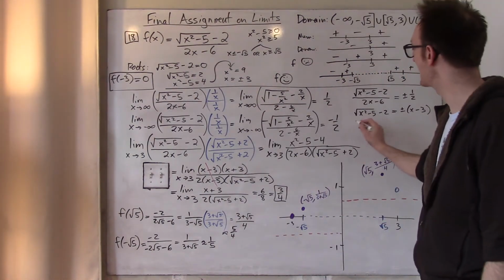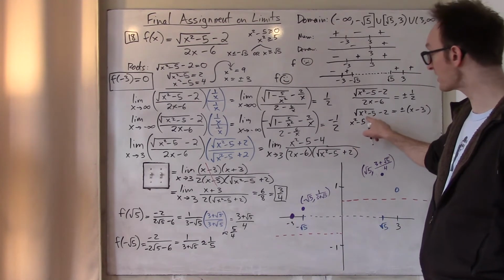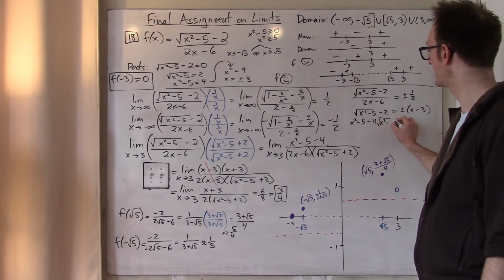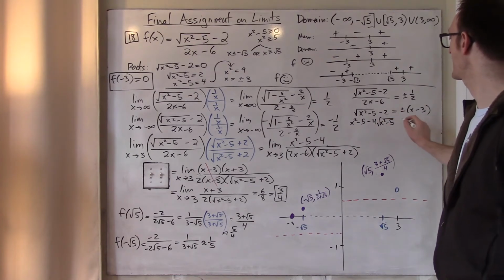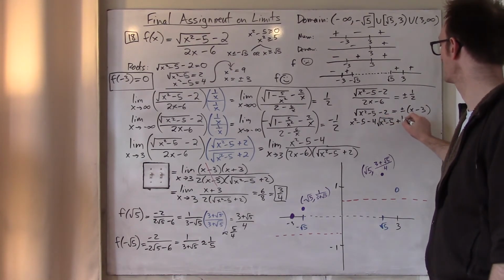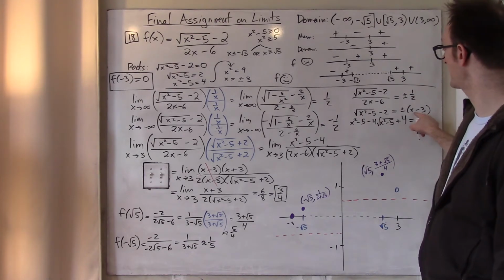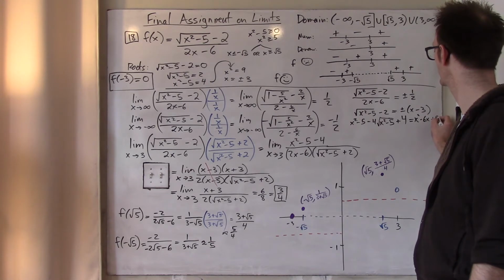If I do that, I get x squared minus 5, so that squared, minus 4 root x squared minus 5, because I don't want to lose any solutions, because this really is plus or minus. So then I get plus 4, so that's the square of the left-hand side, equals, and then when I square this side, the plus or minus disappears, and I get x squared minus 6x plus 9.